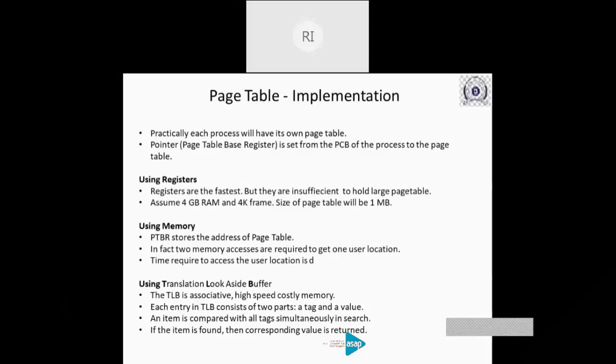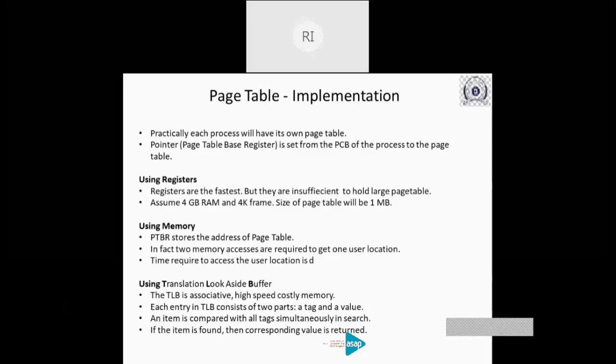After getting the frame number, we compute the physical address, and then again we have to access the instruction. So before accessing every instruction, we should conduct a search in the page table to get the frame number. The speed of response from the page table plays an important role in deciding the speed of accessing an instruction, which subsequently leads to the execution time of a program.